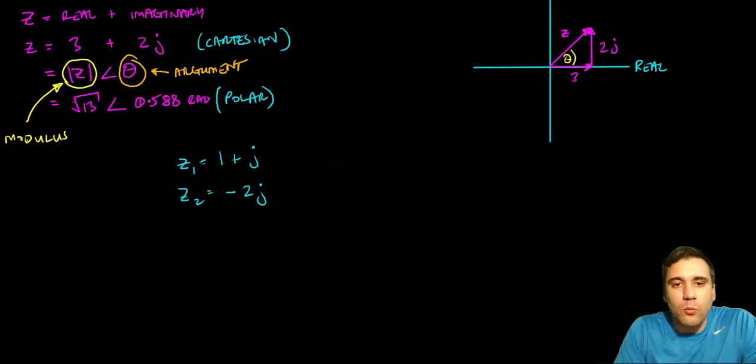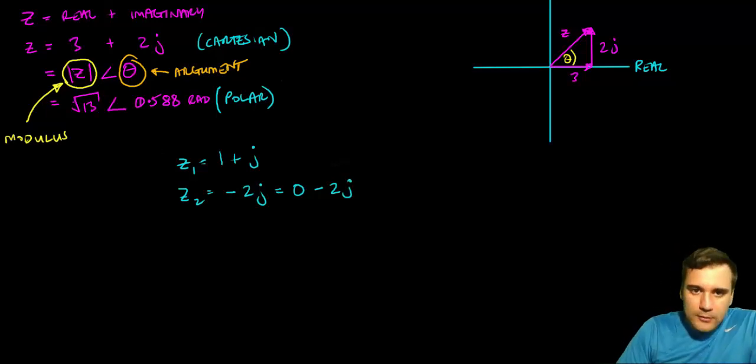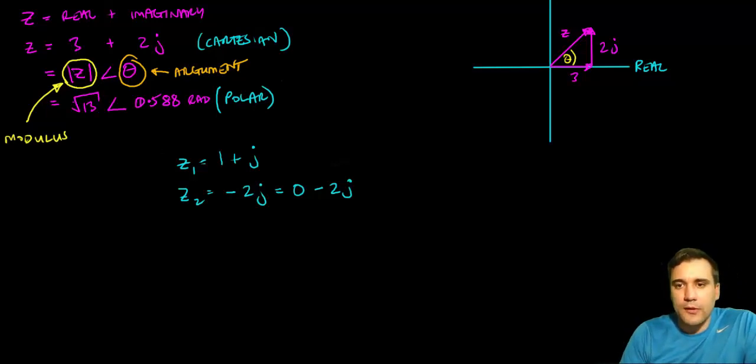This j is on its own, there's one of them, 1j. This z2 is a little bit different, isn't it? We've got no real component and a negative 2j. So we could write this as 0 real component minus 2j, and hopefully that now looks a bit nicer for your brain to understand. And so let's go through some operations.